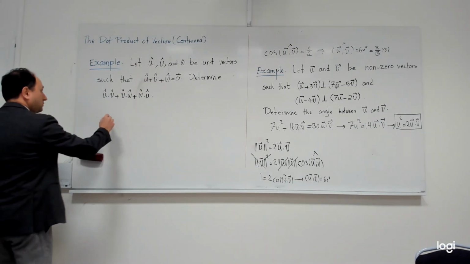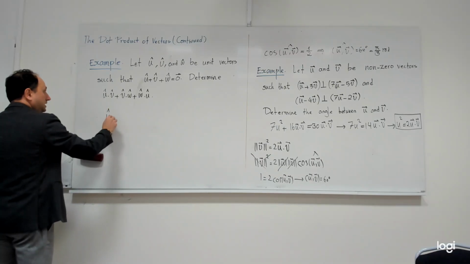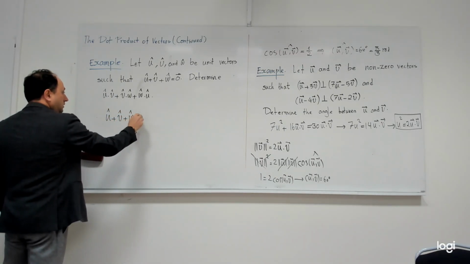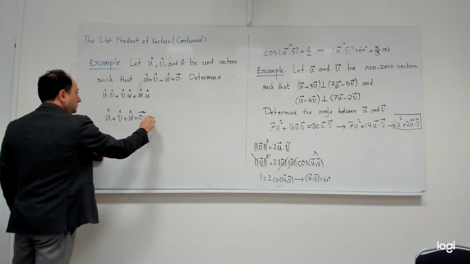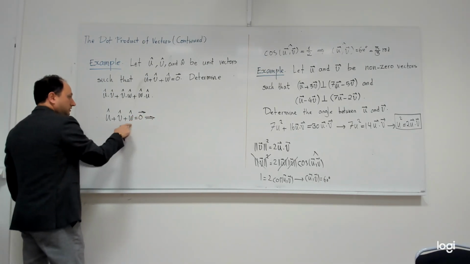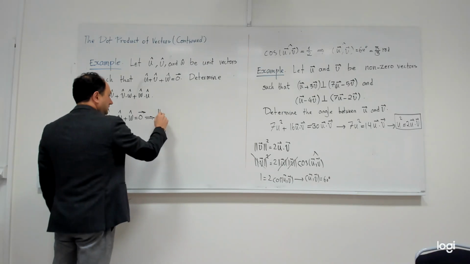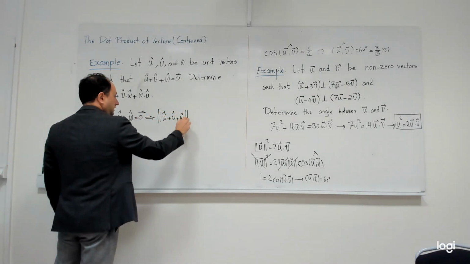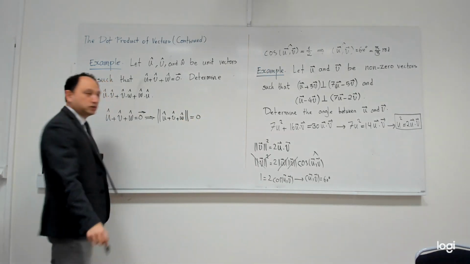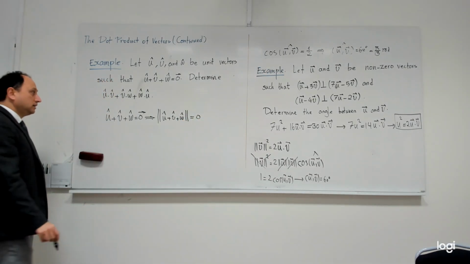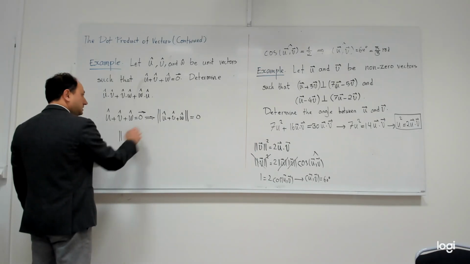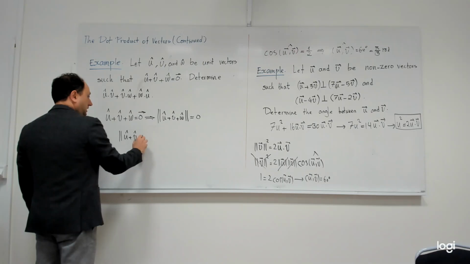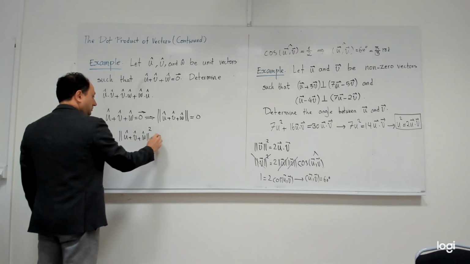So when you tell me that the sum of these three vectors is equal to 0, what can I conclude? I can conclude that the norm of this vector is what? Is number 0. Yes? And then this means that this number to power 2 is also 0. Is that understandable?